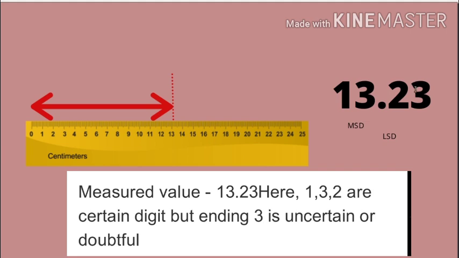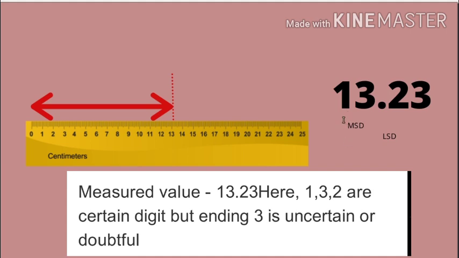Now the digit 3 indicates that there could be any digit, because this scale has the tendency to measure centimeter and sometimes millimeter, but not less than this. But look here, the arrowhead is pointing somewhere nearly 13.2, and thereafter some digit might be there.